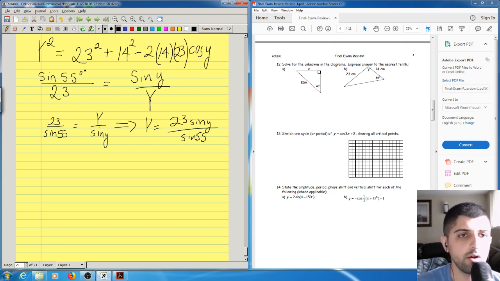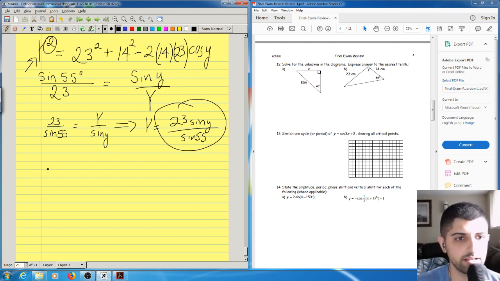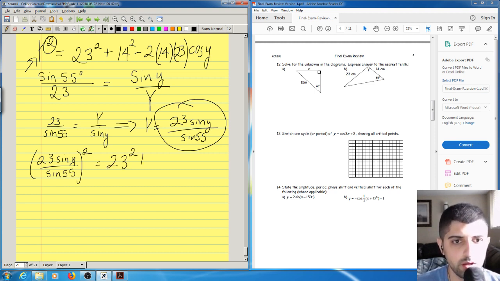Okay. Now I can plug that term into here, as long as I square it. That's it. So 23 sine y over sine 55 squared equals 23 squared plus 14 squared minus 2 times 14 times 23 times cosine y.